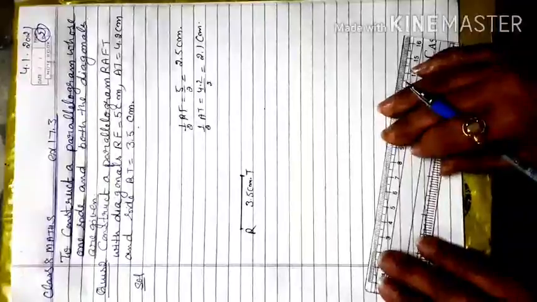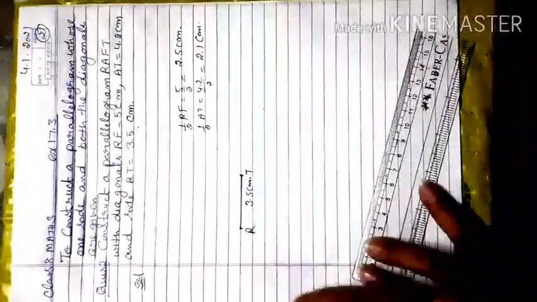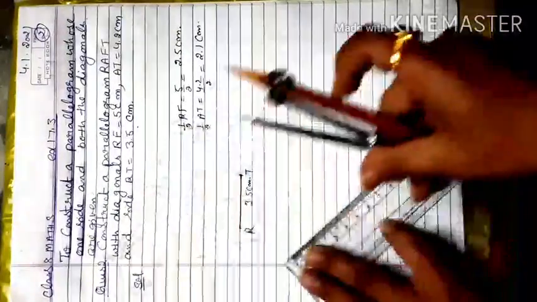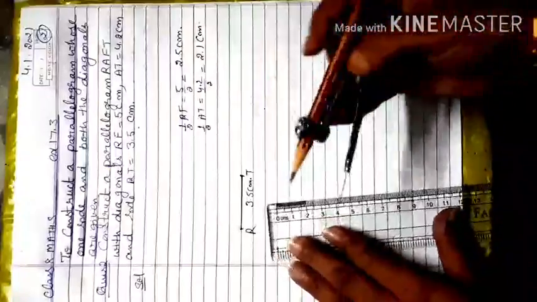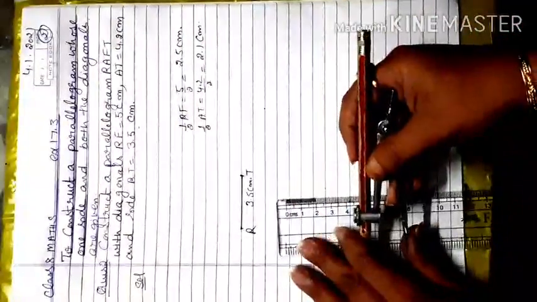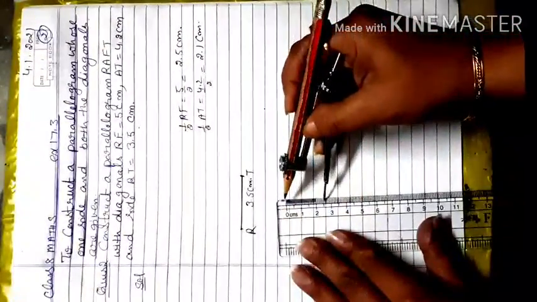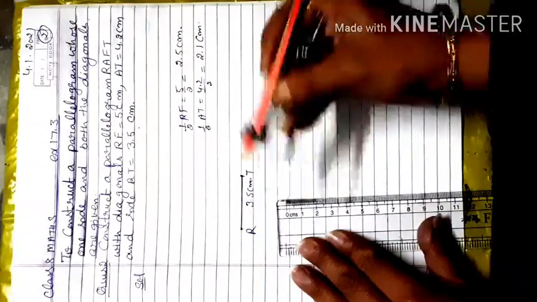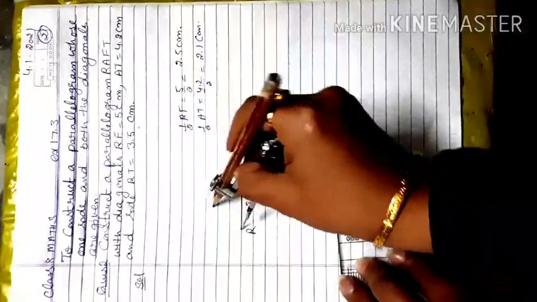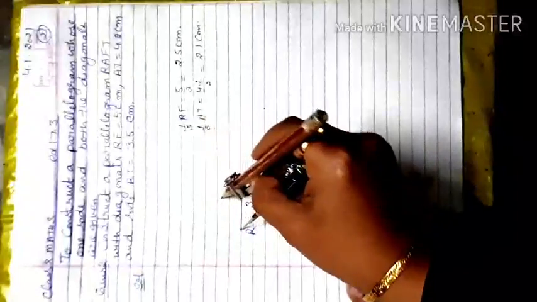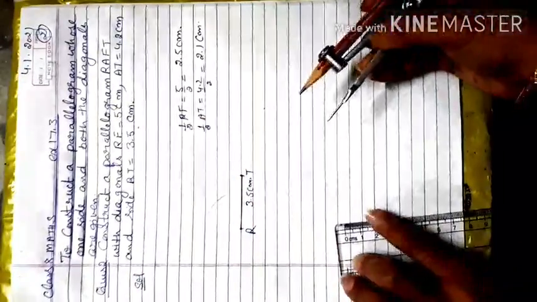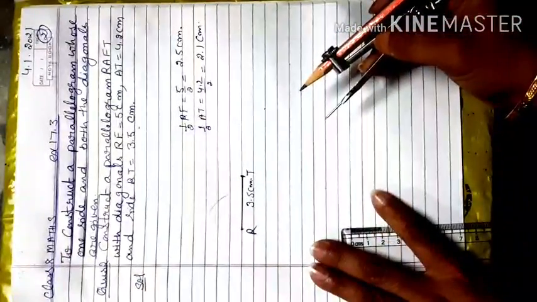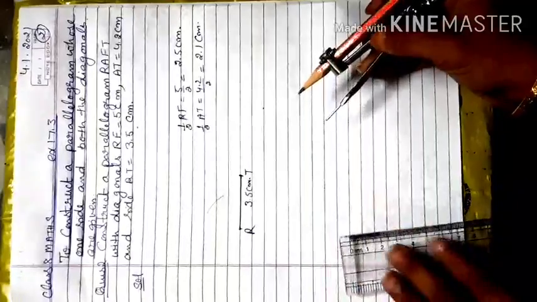So first, to make half of the diagonal RF, that is 2.5, open the compass as 2.5 centimeter. Take R as the center of the circle and mark the arc according to the radius 2.5 centimeter.